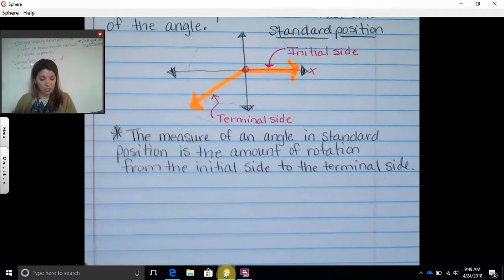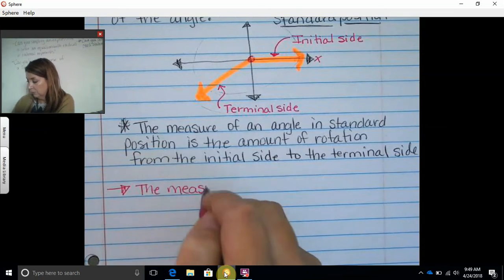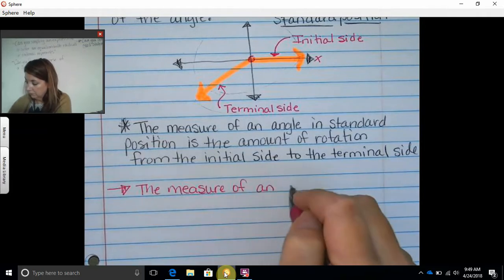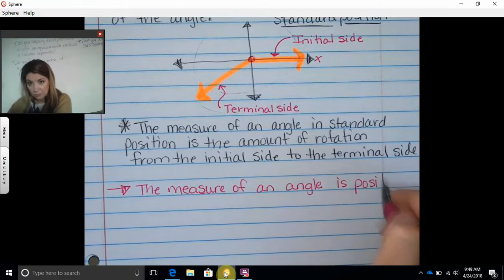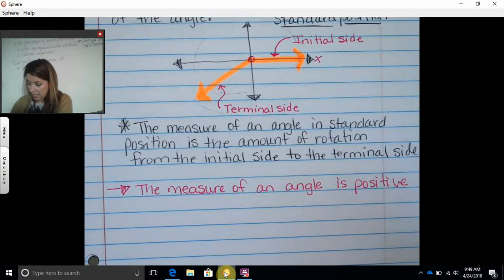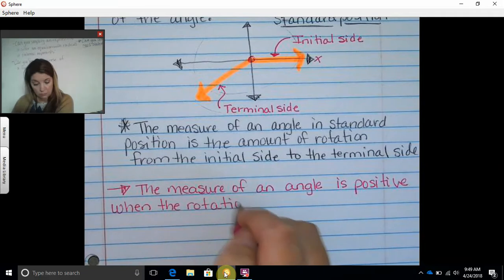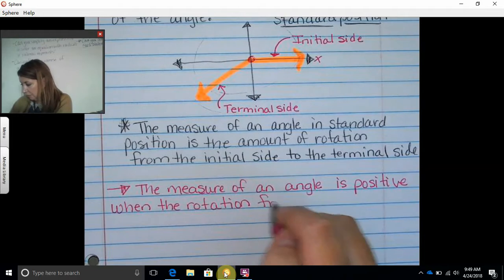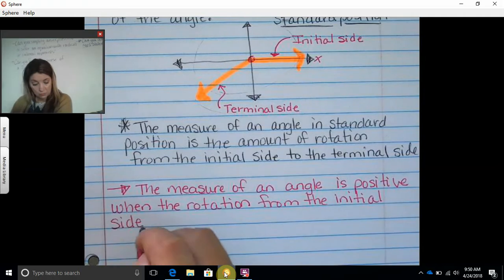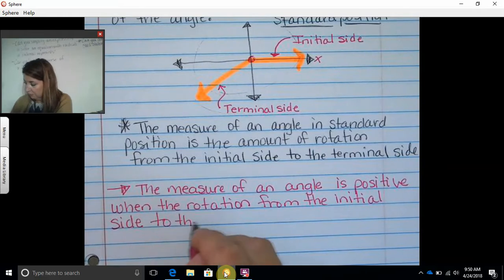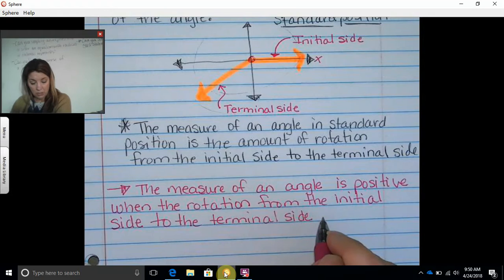And we need to write that down. The measure of an angle is positive when the rotation from the initial side to the terminal side is in the counterclockwise direction.